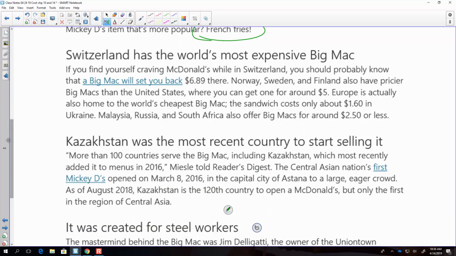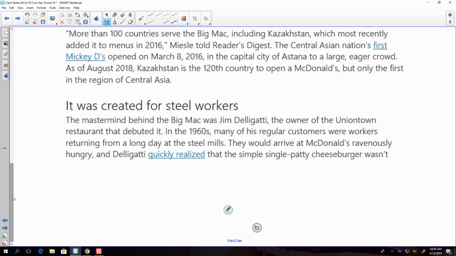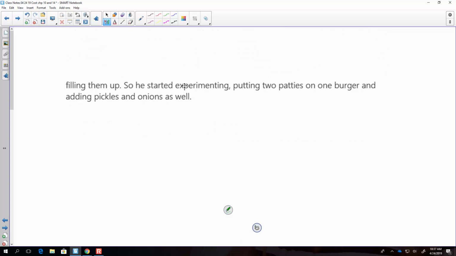And there are different prices charged in Switzerland, Kazakhstan, and it was basically created by a person in Uniontown, Pennsylvania for the mill workers. 1 patty was not enough, so it was usually a single patty with a cheese inside, and so they put 2 patties in 1 burger and then added the pickles and onions to make the Big Mac.